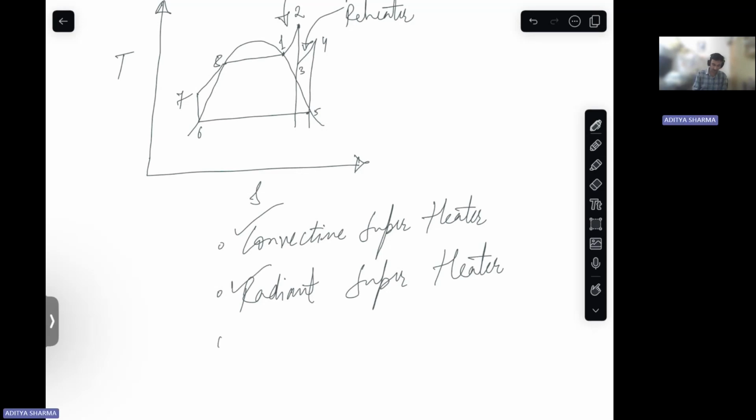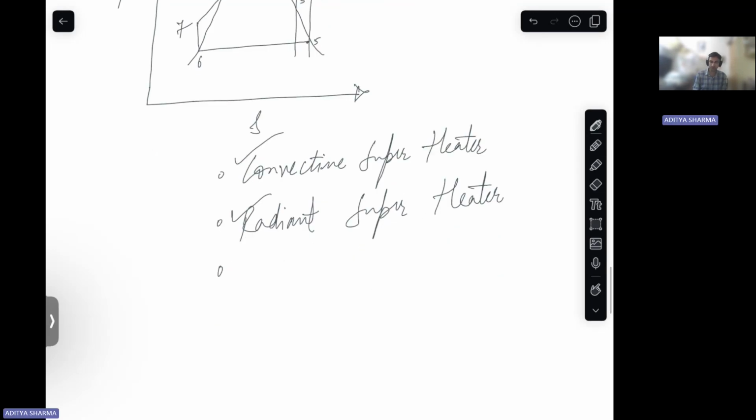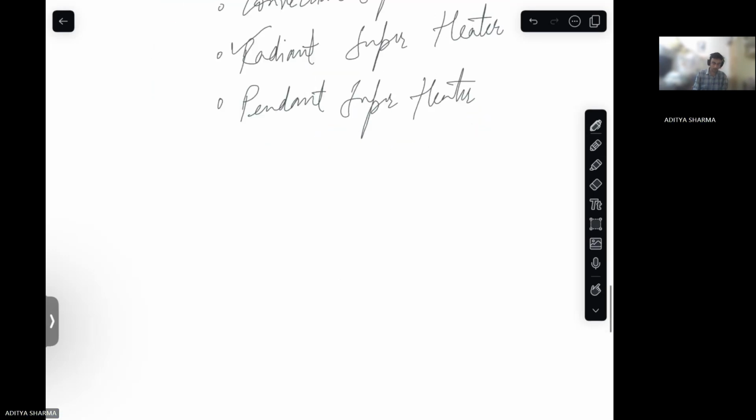And there is another type of superheater, that is your pendant superheater. Okay. So this is a combination of your convective superheater and your radiant superheater. Okay. So both the superheaters are used in this type of superheater. Okay.